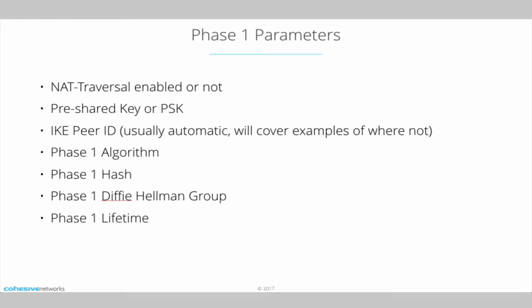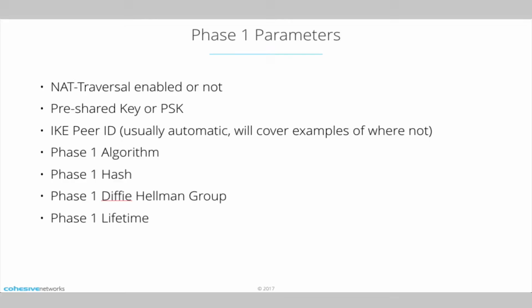So phase 1 parameters are NAT-Traversal enabled or not, and we'll go into detail on each of these. The pre-shared key for authenticating between the two devices, basically a shared password. What's called the IKE (Internet Key Exchange) Peer ID, which is often not used.